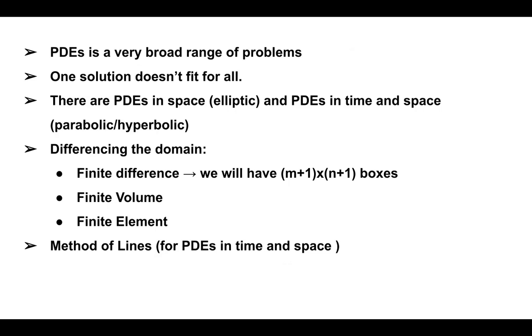Now, mathematically, such a problem can be solved using three methods, which are finite differencing, finite volume, and finite element. But here, we'll not be dealing with all three. We'll just be seeing an inbuilt MATLAB command for that. Also, there is another method: if you have PDEs in both time and space, there is something called the method of lines.